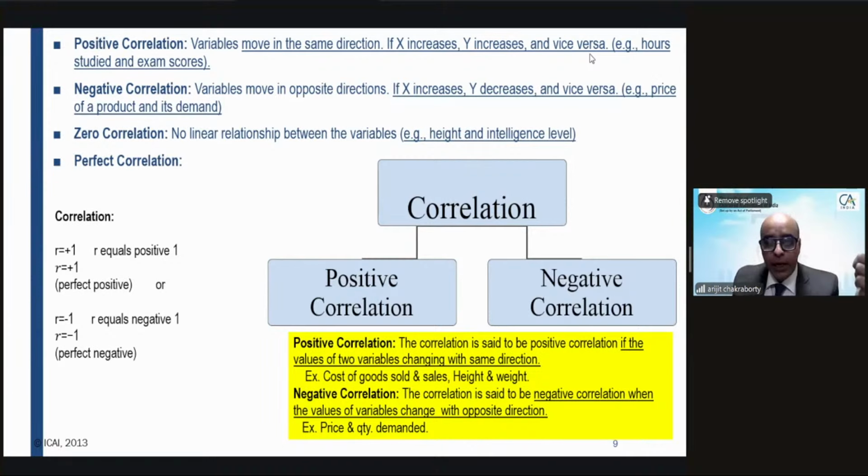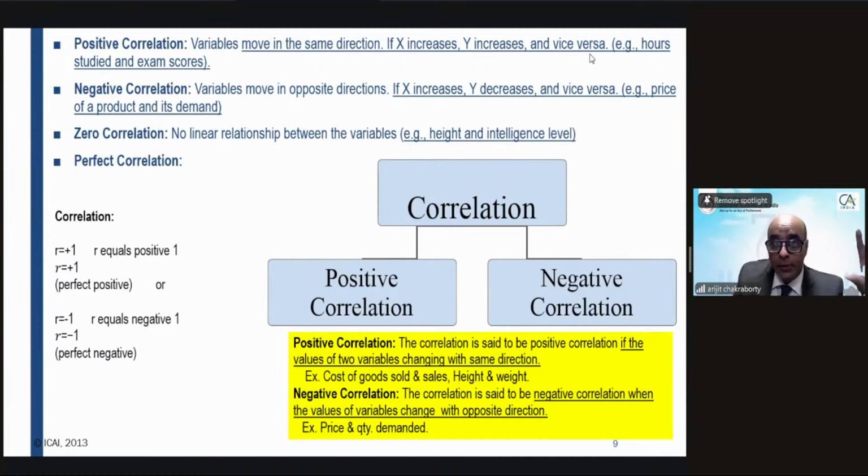Positive correlation: cost of goods and sales. Higher the cost of goods sold, COGS, normally higher will be the sales value, in the same direction. Negative correlation: price and quantity demanded. When price increases, quantity demanded will reduce. So opposite, inverse relation, right?